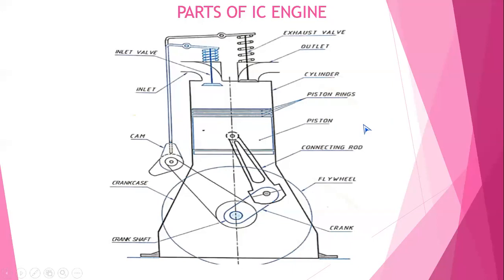First, write the parts of the IC engine. Before that, write the neat diagram of the IC engine. Today itself, practice twice, thrice, 4 or 5 times and write the diagram neatly using pencil, scale and eraser.